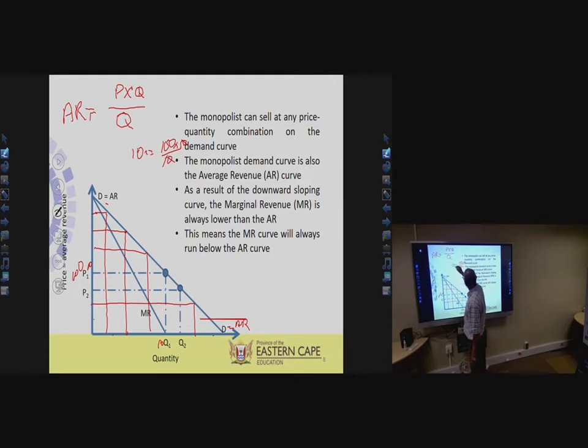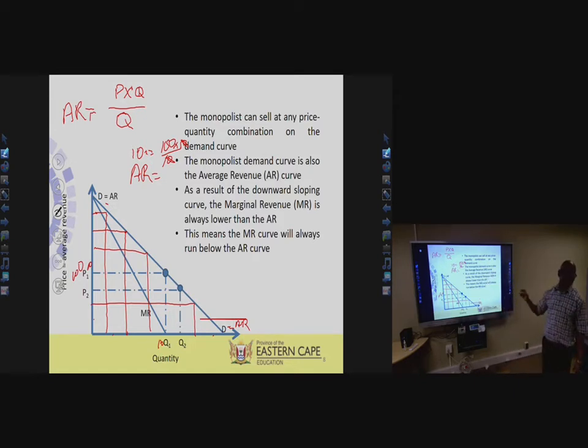Let's assume that our price there is 100. Then the AR is 100 times 10 divided by 10, which leaves us with what?